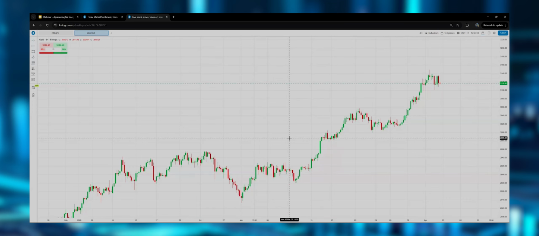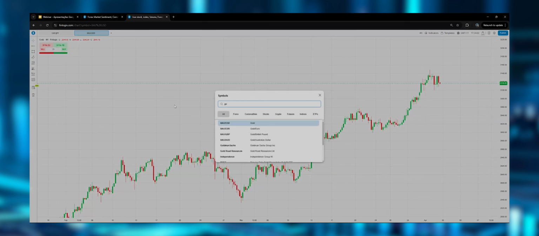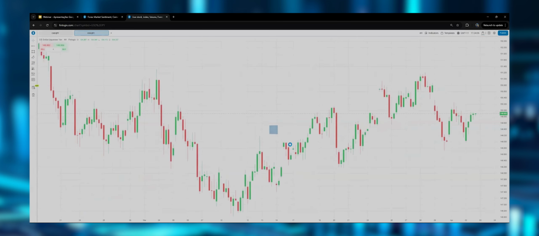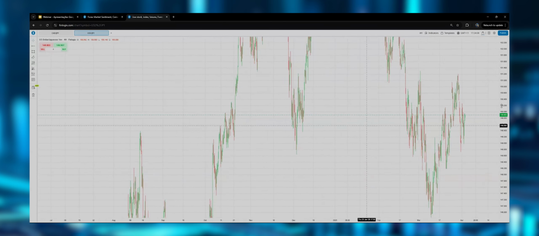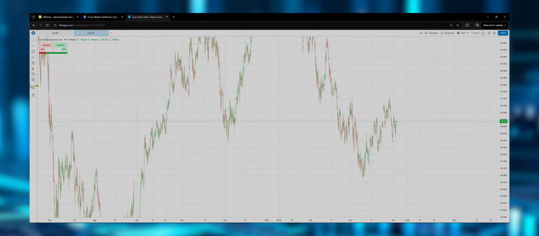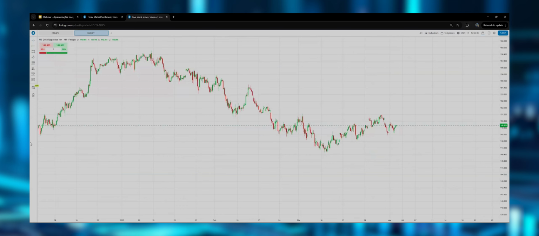Just because if we look at USD JPY, right? We can see that it has been consolidated for a few days now. Check this out.